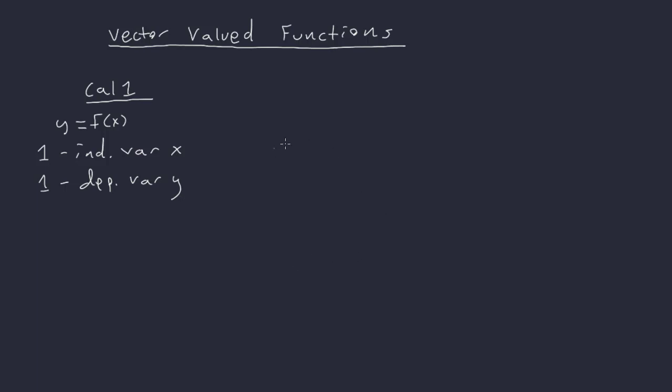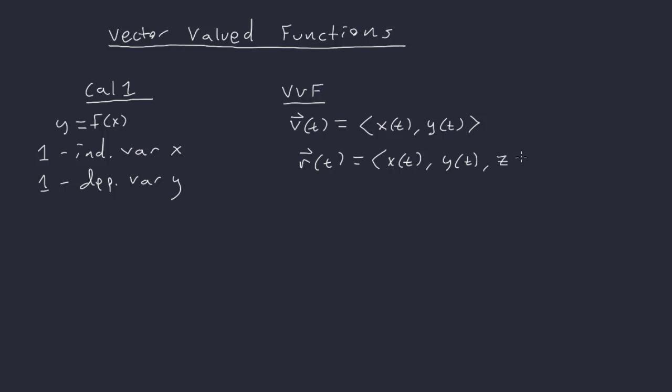Well, what vector-valued functions do is they instead create a function, let's say v of t, which can either be a vector where I'll have x of t, y of t, or you could also have a vector x of t, y of t, z of t.